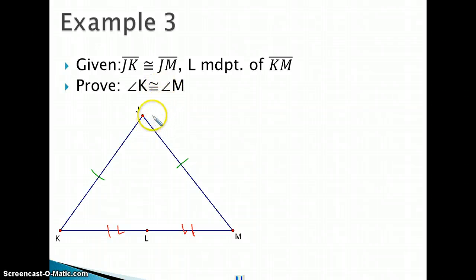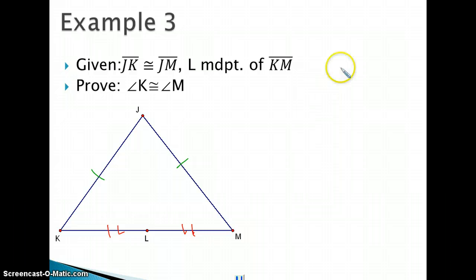We haven't learned this yet, but there's a theorem that says something to the effect of if you have two pairs of sides congruent in the same triangle, the angles across from them are congruent. But we don't know that one yet. So we've got to think of a different way to do this. The only way we know how to prove pieces of triangles is to show that we have triangles congruent. But I have one triangle, not two. So I need to get another triangle in order to make this work.